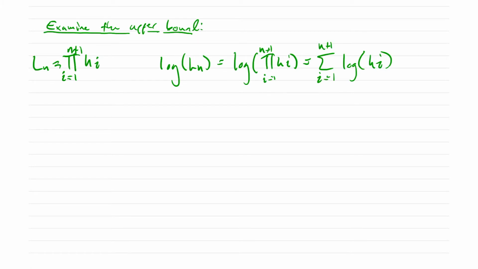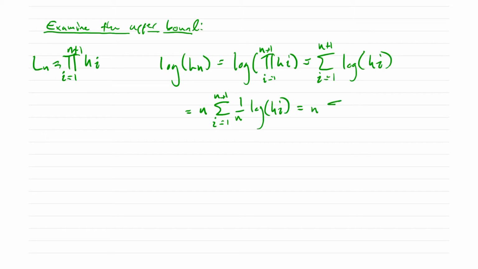Okay, so now what I'm going to do is multiply and divide by n. So I'm going to have n times the sum, i going from 1 to n plus 1, of 1 over n log of h times i. Now this is really close to what I would have if I were to take an integral, except I end up having one extra term, which is kind of annoying.